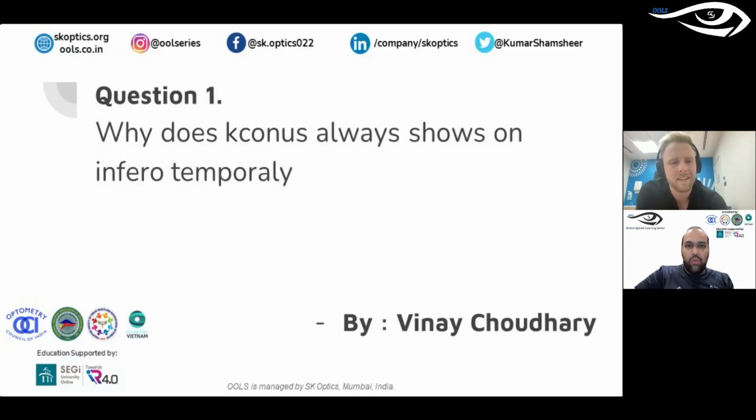You mentioned the inferior temporal location. Do you have any idea why that always happens? We know keratoconus is from stromal thinning, or basically a lack of adhesion between the stromal fibers.